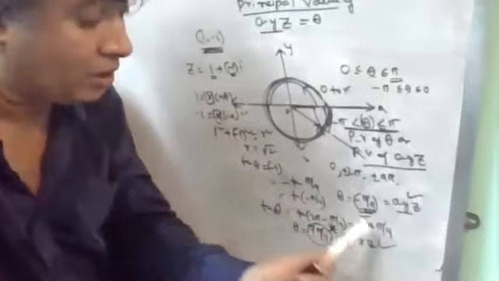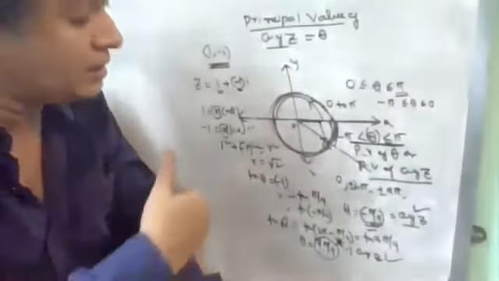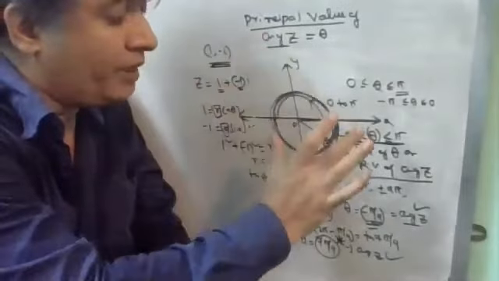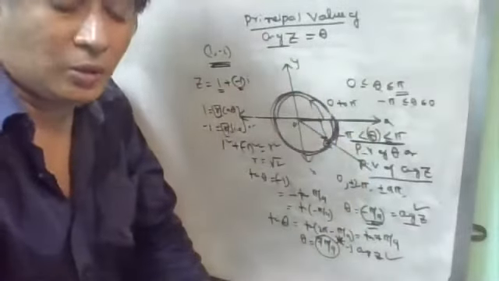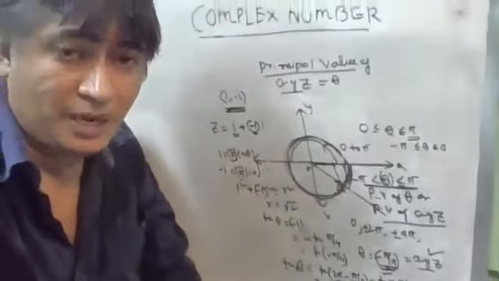This is the correct answer because it satisfies the interval of the principal value. So this is the way you can find the argument of z. Hope you understood.